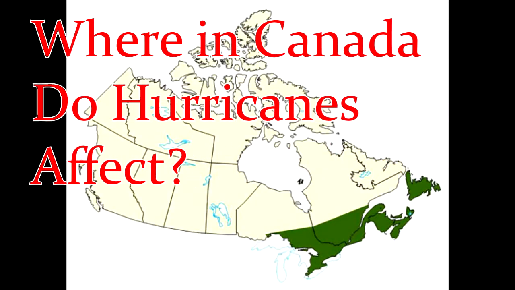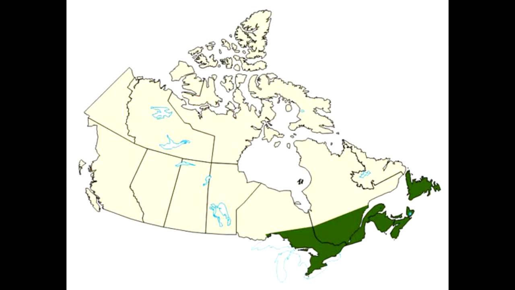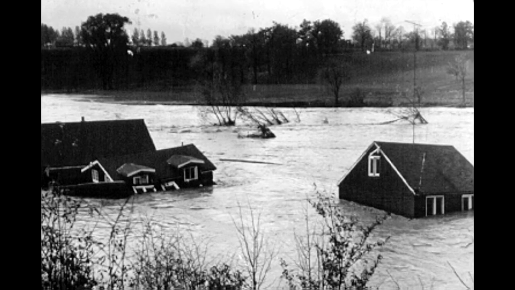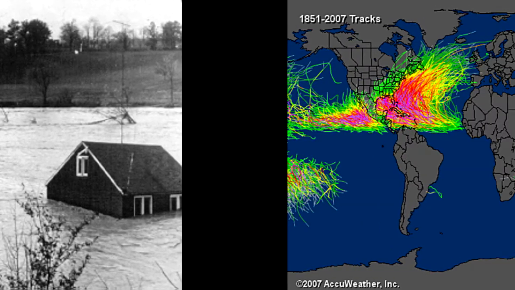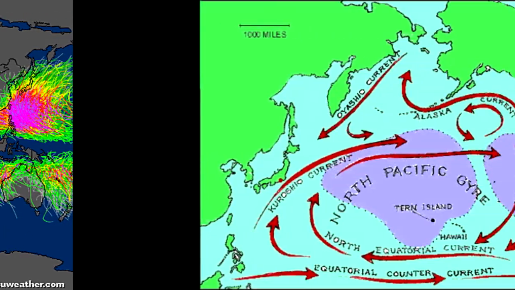Where in Canada do hurricanes affect? Obviously, Canada is a large, diverse country, which narrows down the hurricane hotspots to the coastlines, although the storms the hurricanes bring can travel inland, such as Hurricane Hazel when storms affected Toronto. We already know that hurricanes only form in warm waters, leaving no possible hurricanes up north.